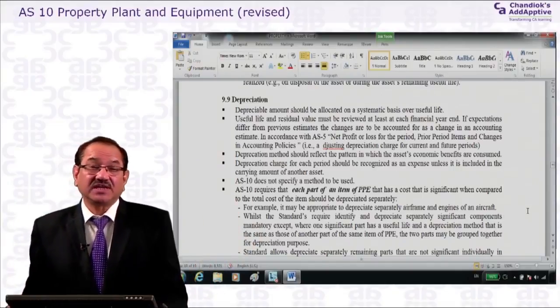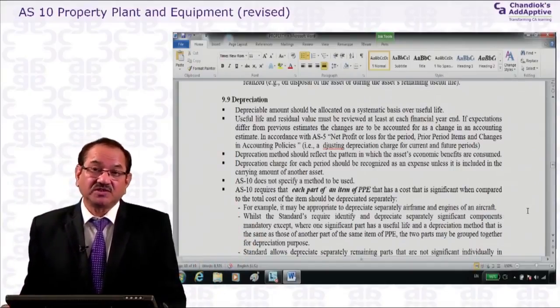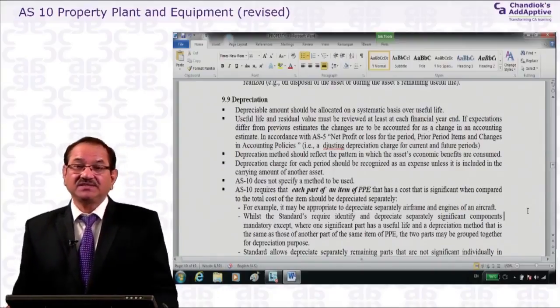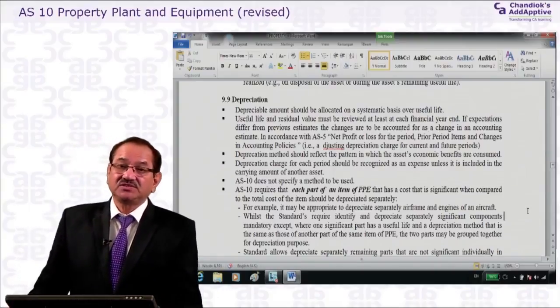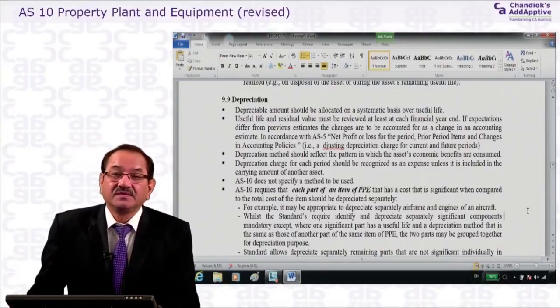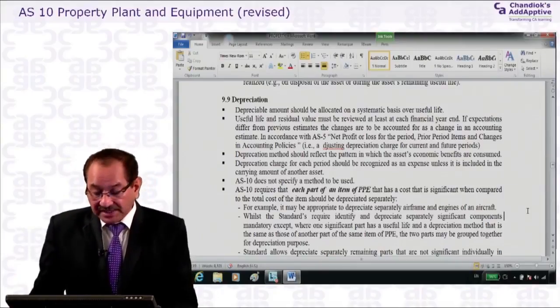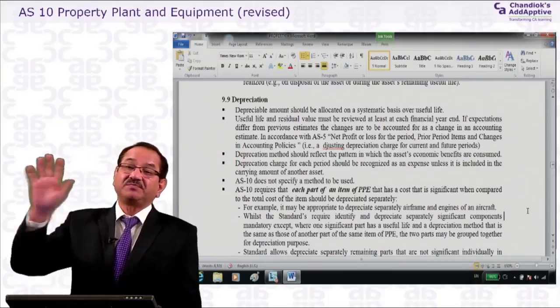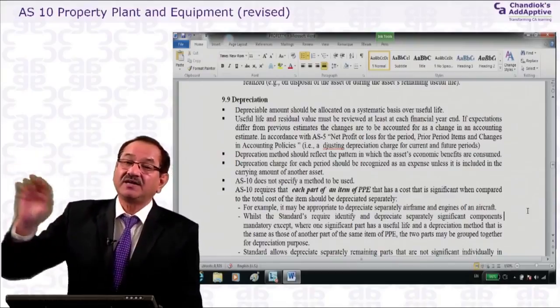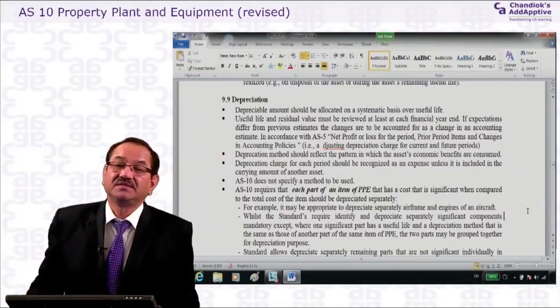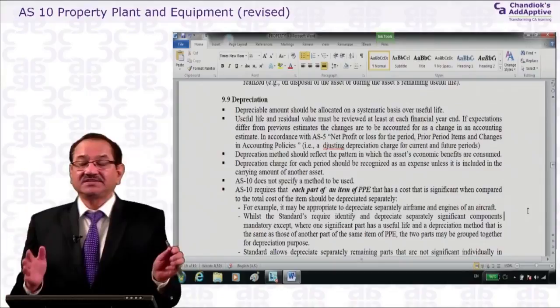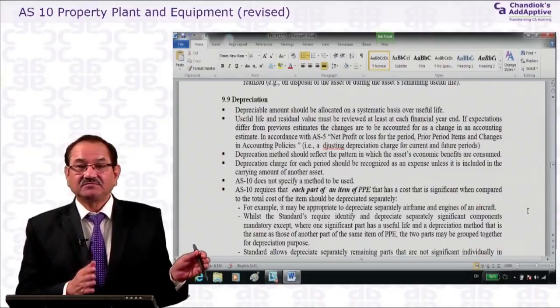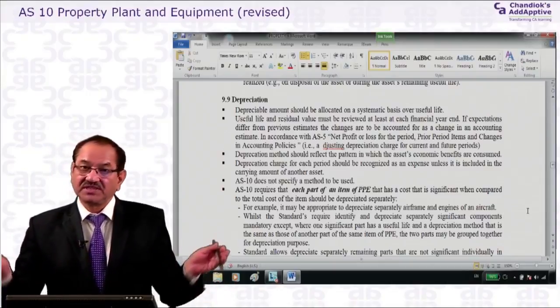But for the tire, out of the 10 lakhs, 1 lakh is for the tires, and that is 10%, which is the material part. And therefore, the standard says that a part whose cost is significant when compared to the total cost of the item should be depreciated separately. Then the tire will be depreciated separately. Out of 10 lakhs, 9 lakhs you divide by 10 for 10 years.